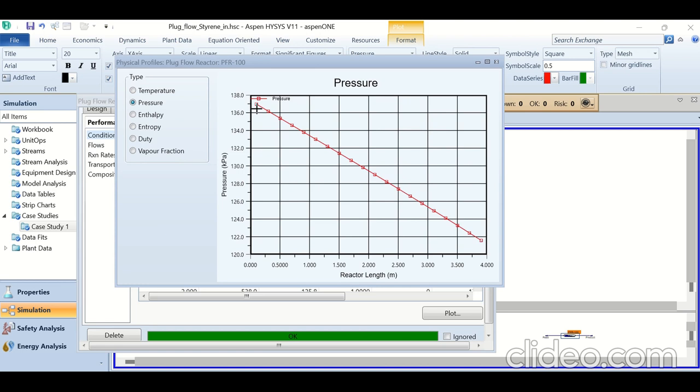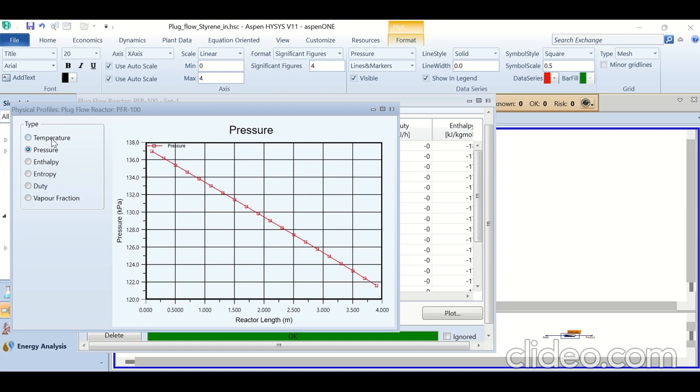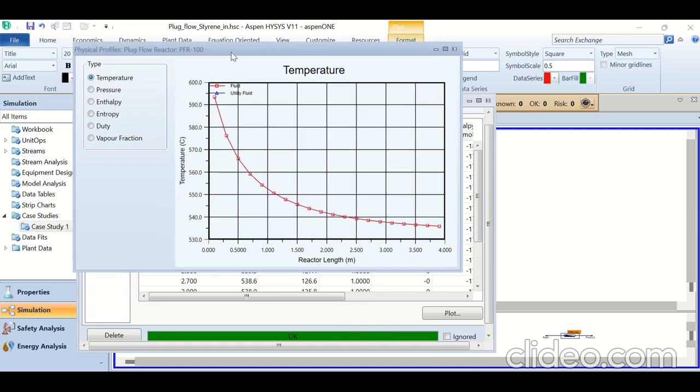The pressure is dropping from 137 to almost 121 along the reactor, and you can check the temperature as well. So this is the temperature plot. It is almost 592 down to 535 degrees C roundabout.